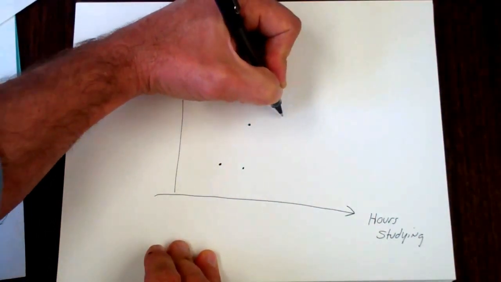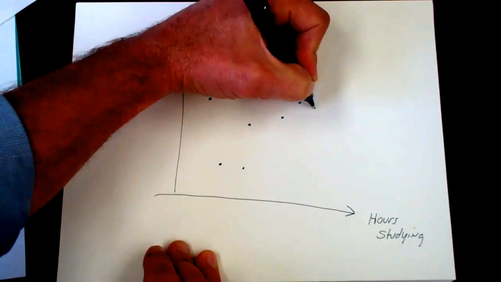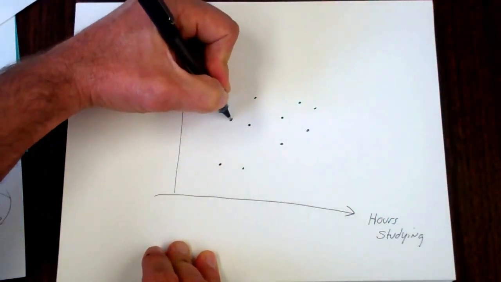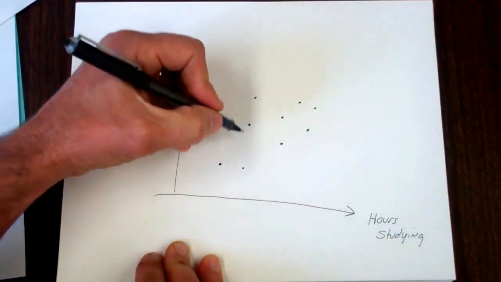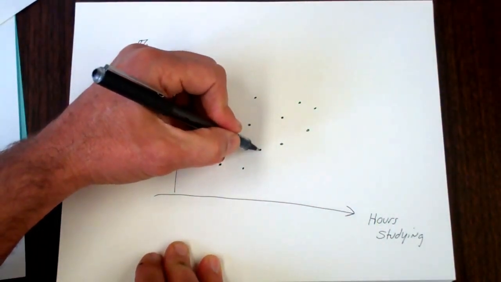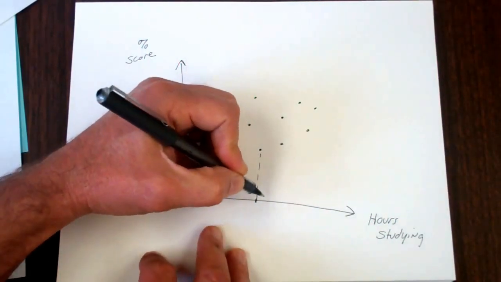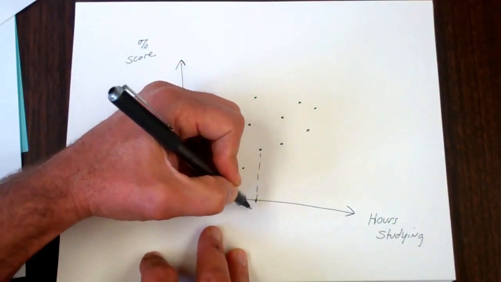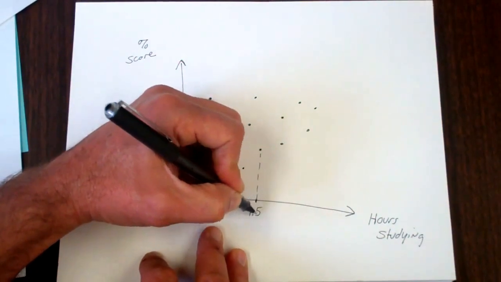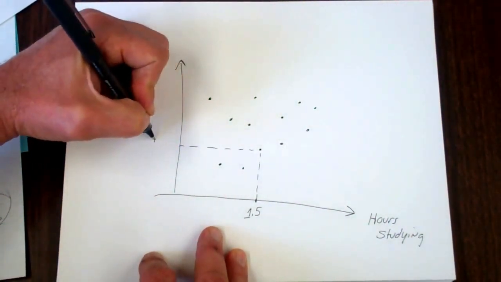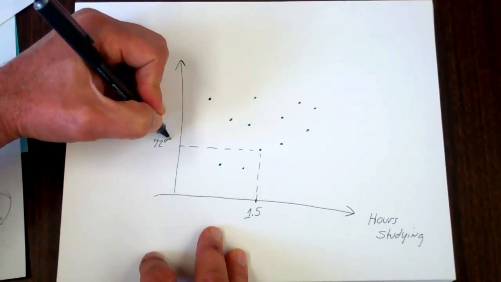If we plotted all of those values, so let's say, for example, this one right here, let's say for this final, in the 2 weeks before the final, you spent 1.5 hours studying, and your percentage grade was a 72%.